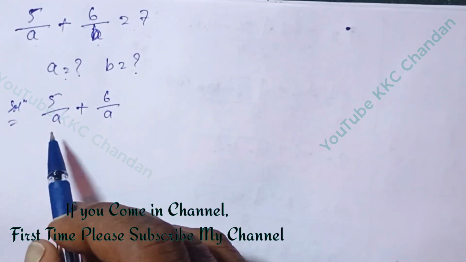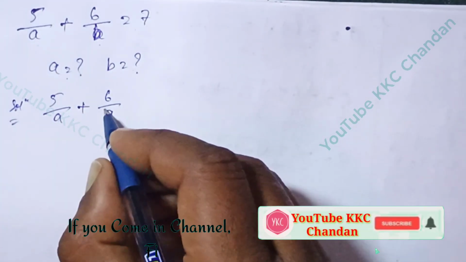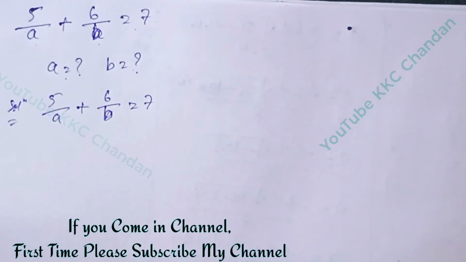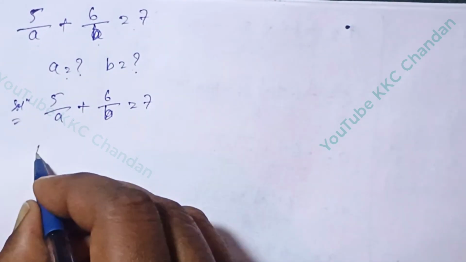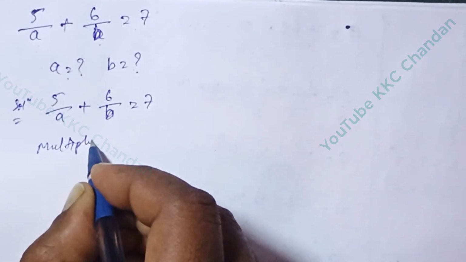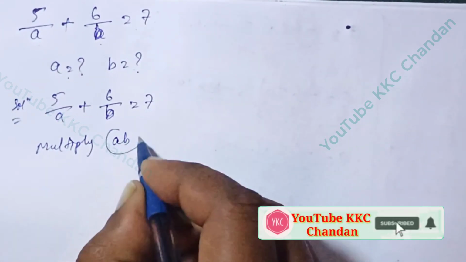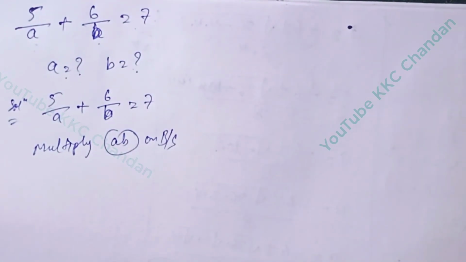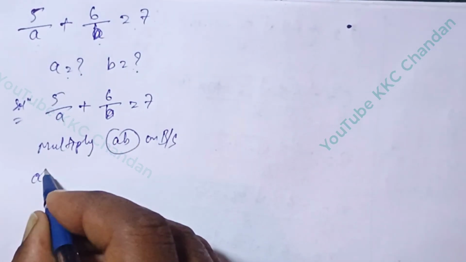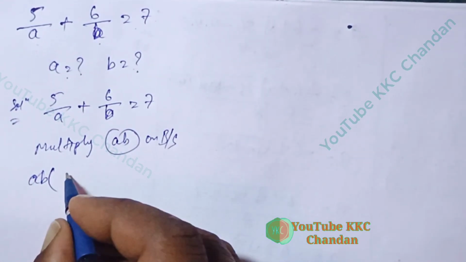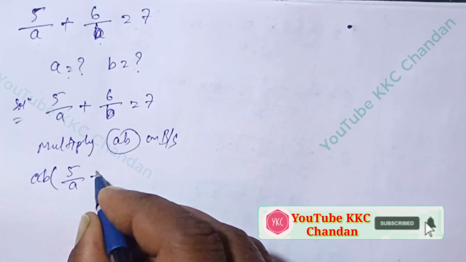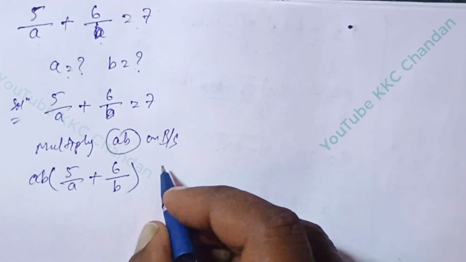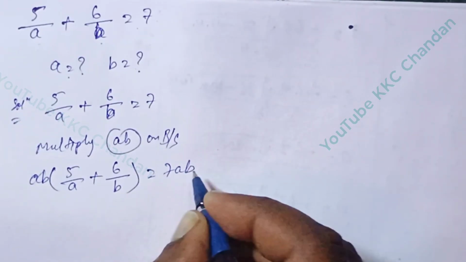Let's start the solution. 5 divided by a plus 6 divided by b is equal to 7. Next step, we multiply ab on both sides. ab bracket open 5 divided by a plus 6 divided by b bracket close is equal to 7ab.